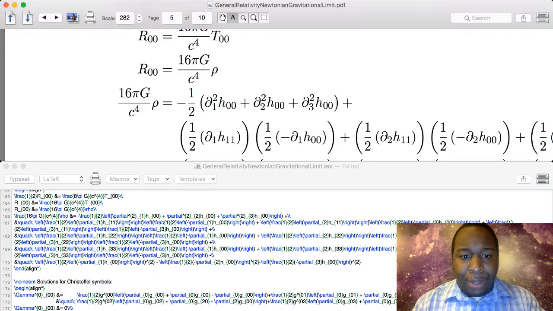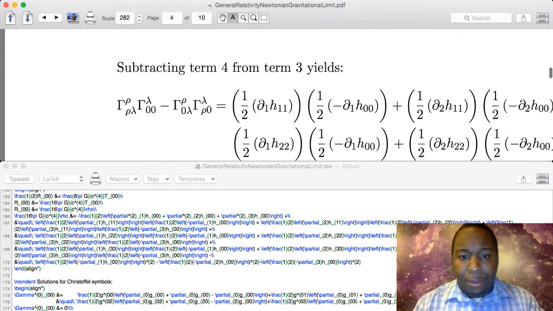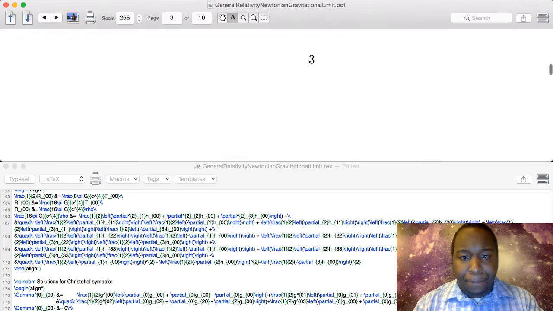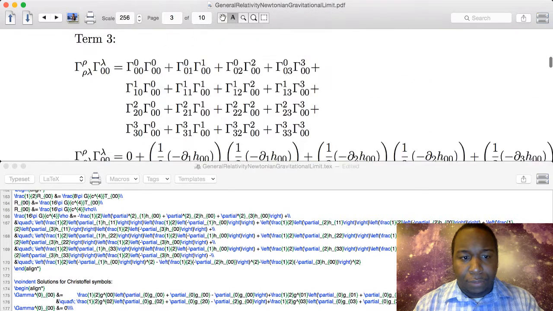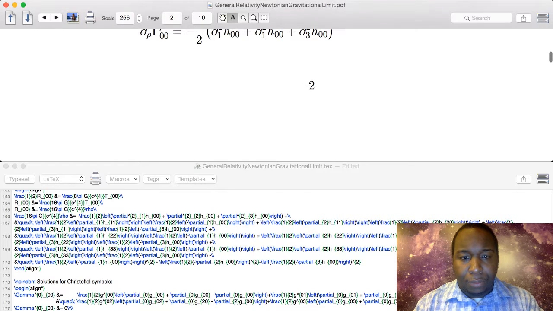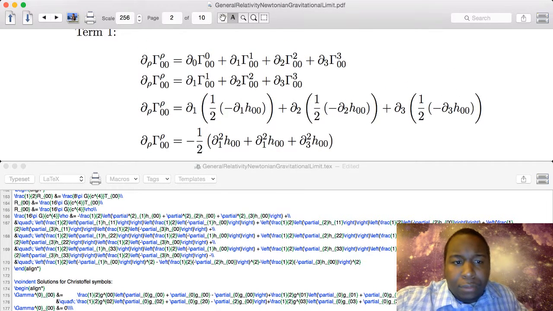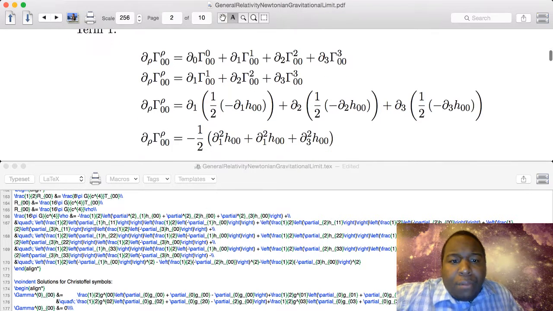And so this particular term comes from the first element, or the first term in the Ricci curvature tensor. Let's go back up there. Let's see, what did I do with that? So this is term 1.